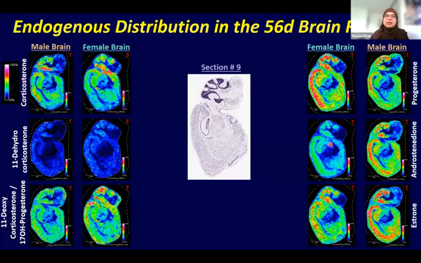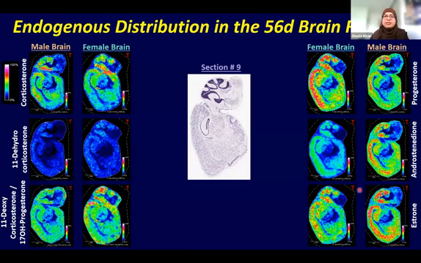This slide summarizes all 6 neurosteroids. We are able to detect endogenous distribution of those in different brain regions in section number 6, including corticosterone, 11-dehydrocorticosterone, 11-deoxycorticosterone, progesterone, and estrone, across multiple brain regions, such as cortex, hippocampus, cerebellum, and amygdala.